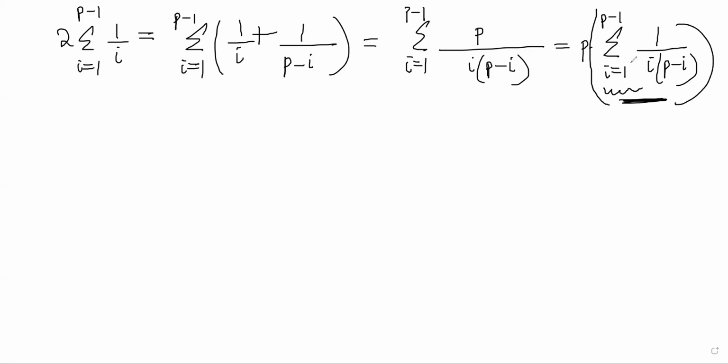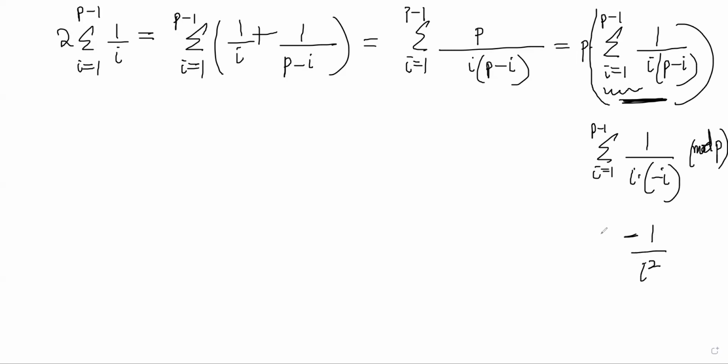So if you think of modulo p of this term, this term is becoming i goes from 1 to p minus 1, 1 by i times minus i mod p, right? So this is basically minus 1 by i square, summation i goes from 1 to p minus 1, mod p, right?